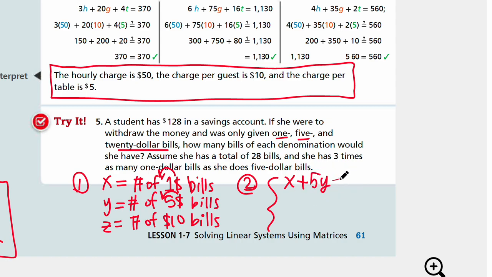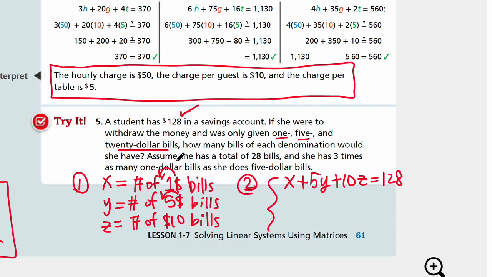So 5y. And then 20z would equal 128 because that's the total worth. Okay, this is not the count of how many bills I have, it's the total worth. So you're going to multiply by 5 for y, 20 for z, and then that's going to be totaled up to 128. Okay, so we took care of this information.